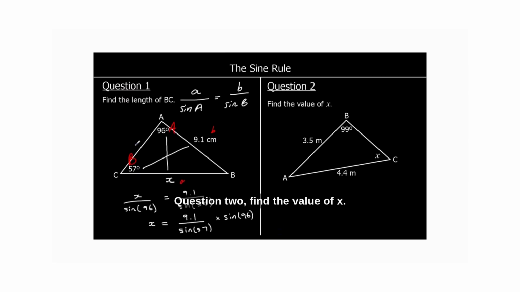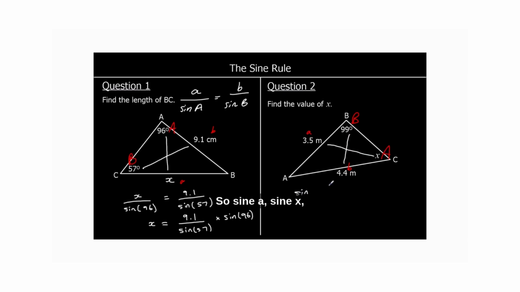Question 2, find the value of x. This time we're working out an angle. Do we have opposites? Yes, we do. So we're going to work out an angle. So let's put the angles on top. So we have big A and little a, big B and little b. So sine always with the angles.